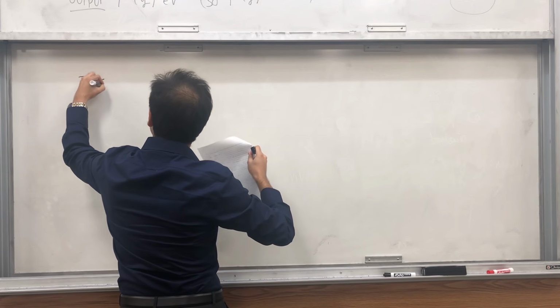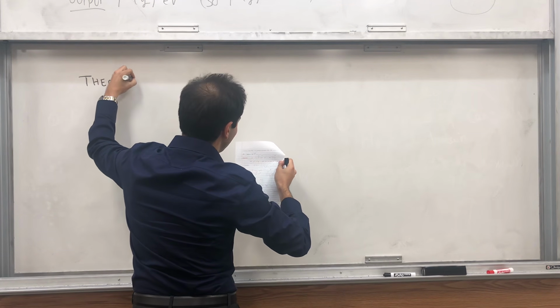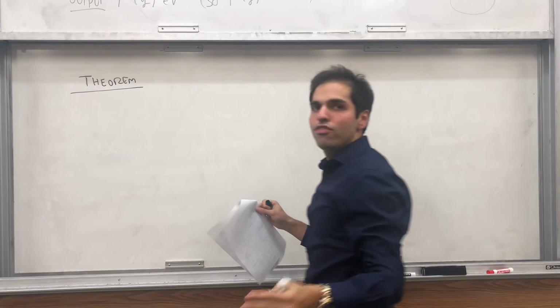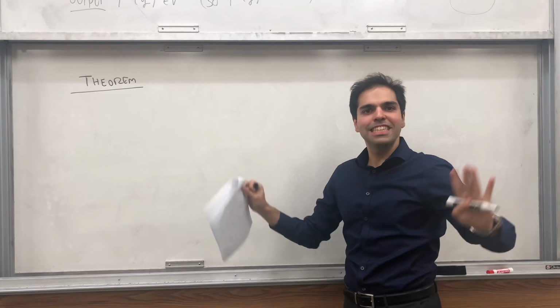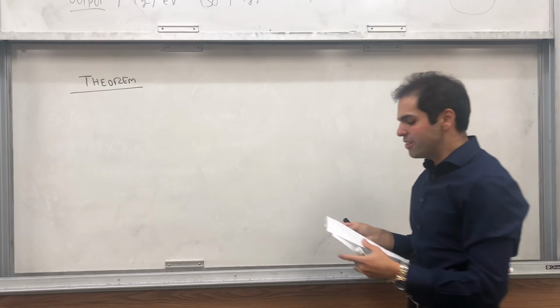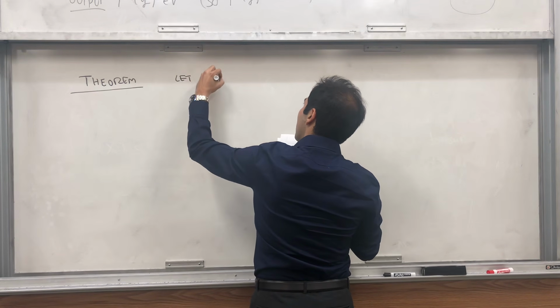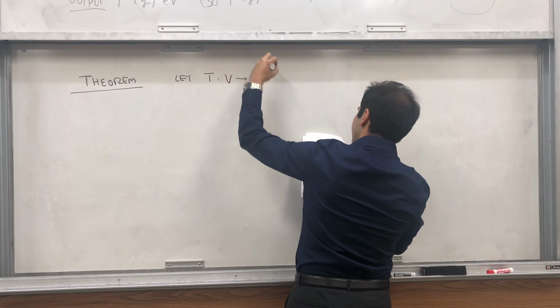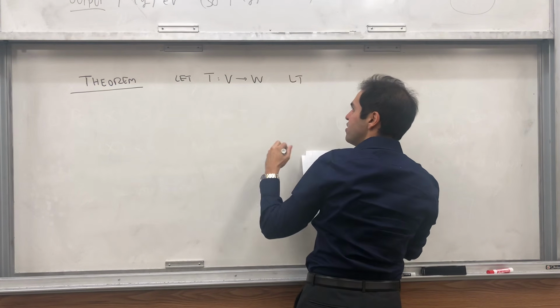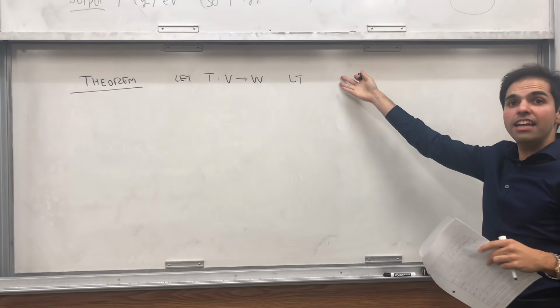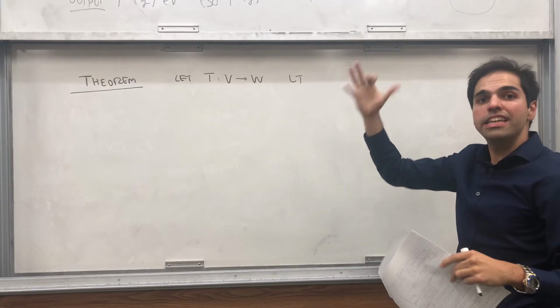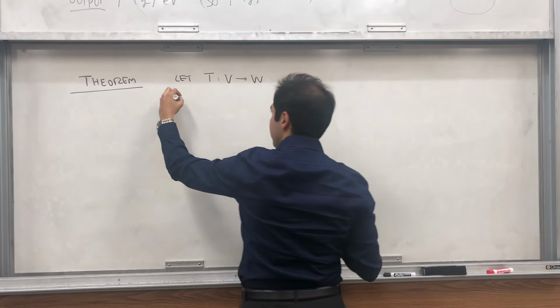Much better. So here's a theorem. And I know, lots of assumptions, because we first want to build the matrix of T, and then we want to build the matrix of T transpose. So let T go from two vector spaces, V and W, be a linear transformation. To define the matrix of T, you need an input basis and an output basis.